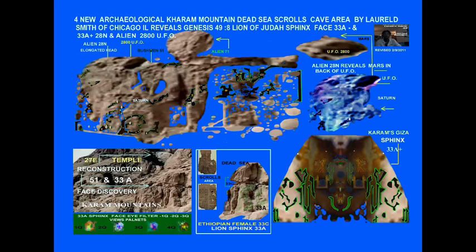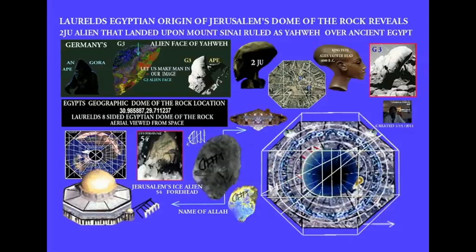When you look at the mountain and the rock carvings, there are planetary images carved on this mountainside, and you see Mars amongst these planets in the back of an oval-shaped UFO. But this is associated with the elongated-headed alien image.